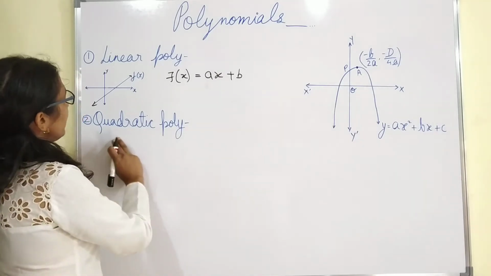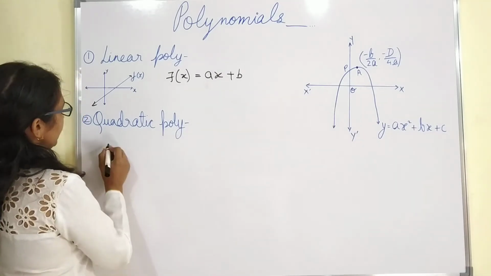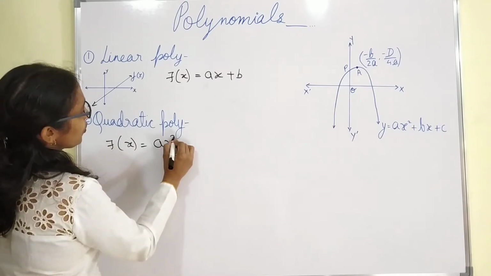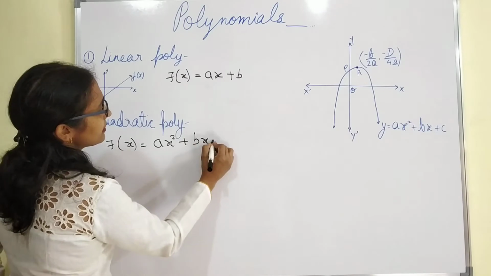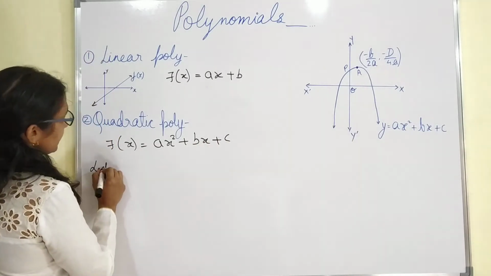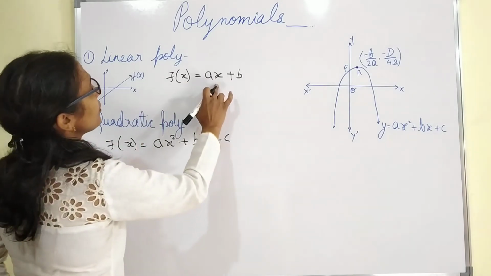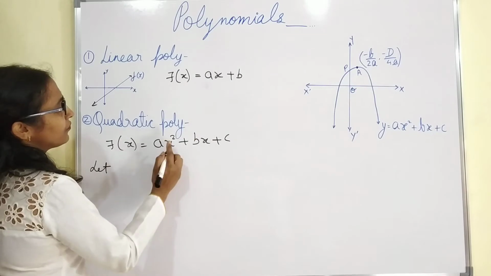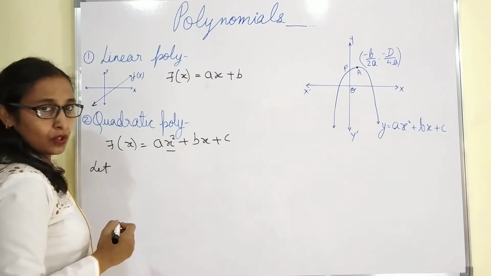In this class, you are going to read quadratic polynomial, that is f of x equals ax square plus bx plus c. One more thing, degree of linear polynomial is 1 and degree of quadratic polynomial is 2.